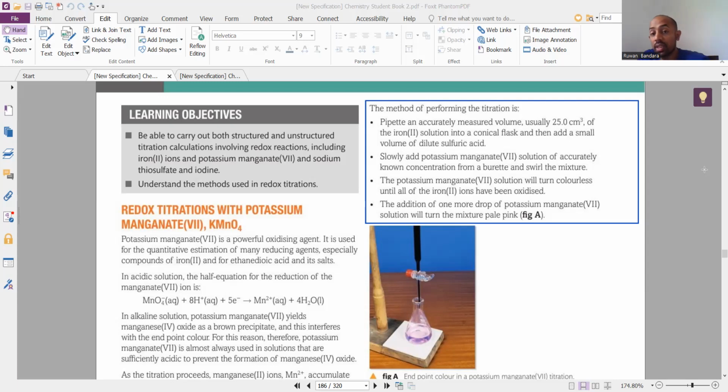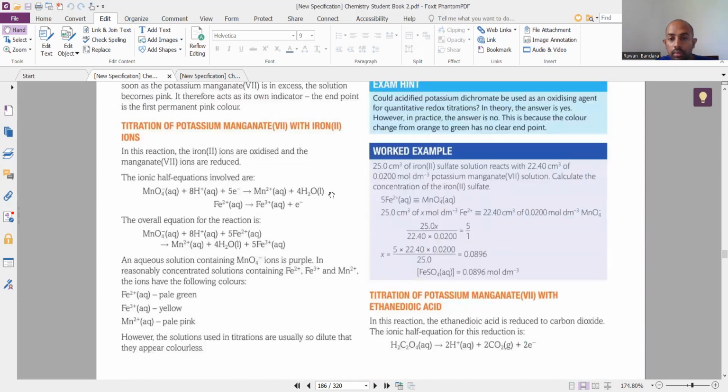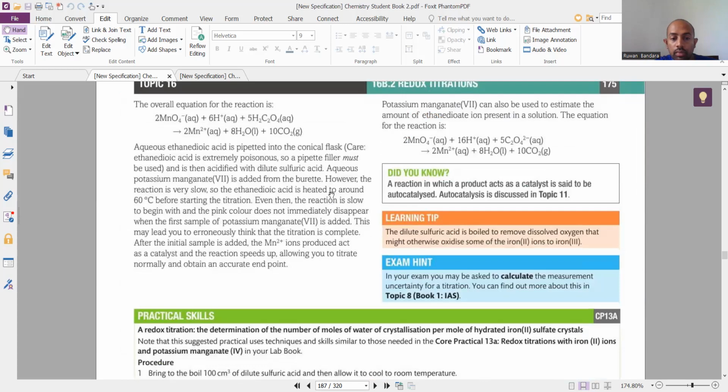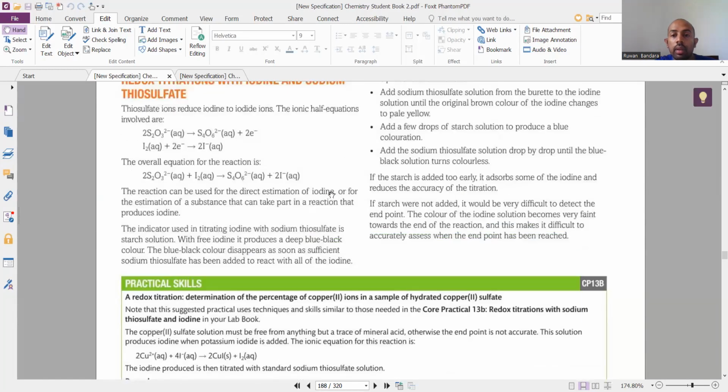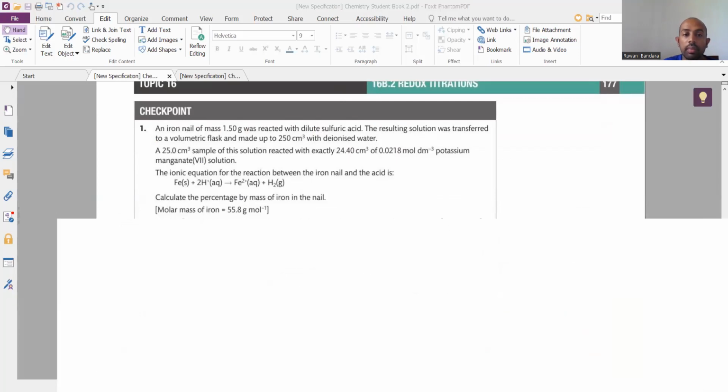Okay, let's go for calculations now. Right, the titration and the calculation is the important part. Page number 177, question number 1. Page number 177, question number 1. Let's do this one.